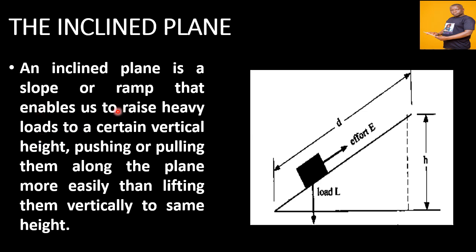So it enables us to raise heavy weights to a certain vertical height, measured from the ground level here, either by pushing or by pulling the load along a plane.